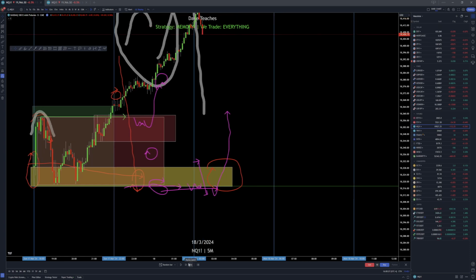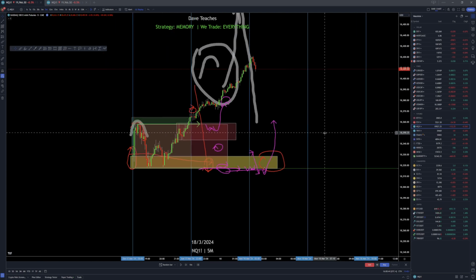Boy, does that look like what was just explained on getting margin call in Asia? Because you're trying to short this down into the POI here, and it carries you 11 points to the other side.